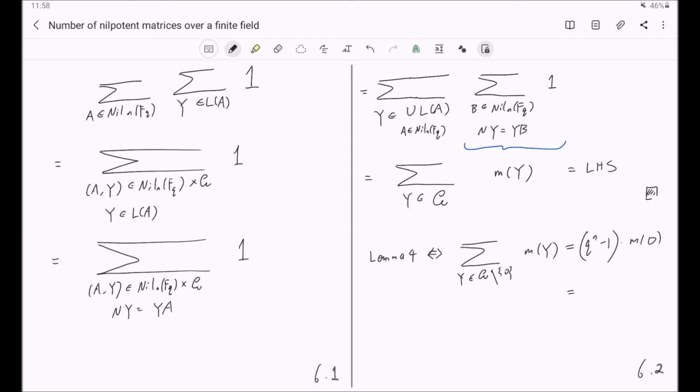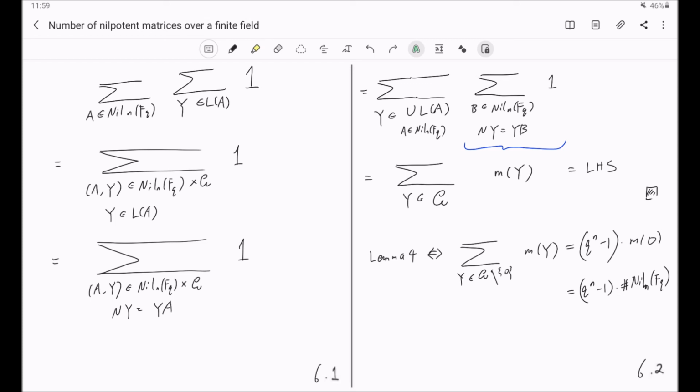And this is q to the nth power minus 1 times the number of nilpotent matrices over F_q. So, in order to count this, it suffices to compute this sum.